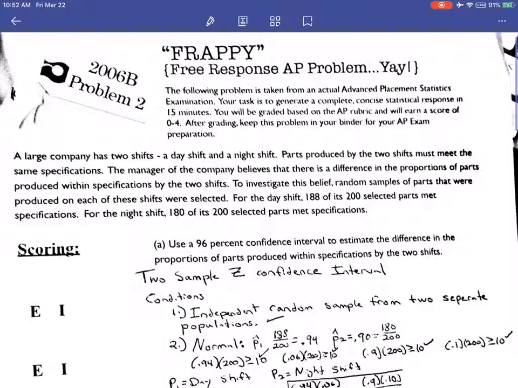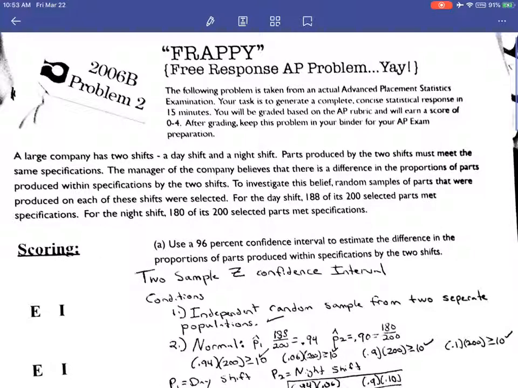A large company has two shifts, a day shift and a night shift. Parts produced by the two shifts must meet the same specifications. The manager of the company believes that there is a difference in the proportion of parts produced within specifications by the two shifts. To investigate this belief, random samples of parts that were produced on each of these shifts were selected.